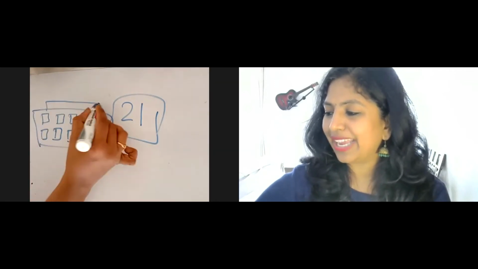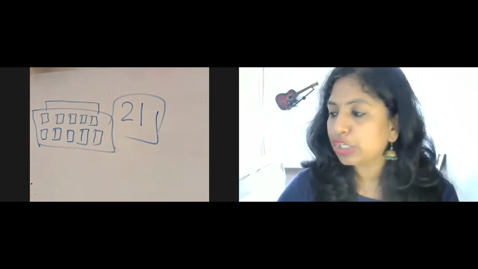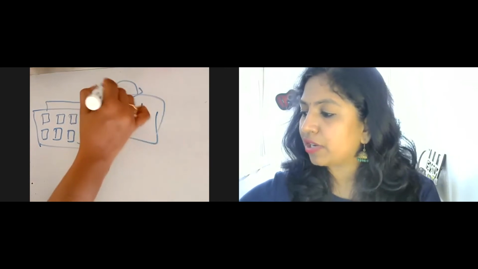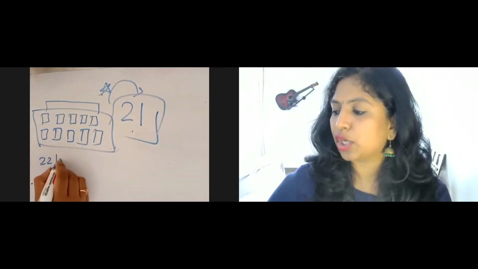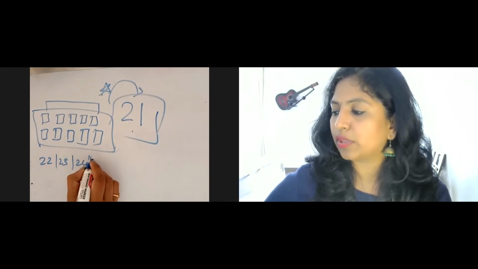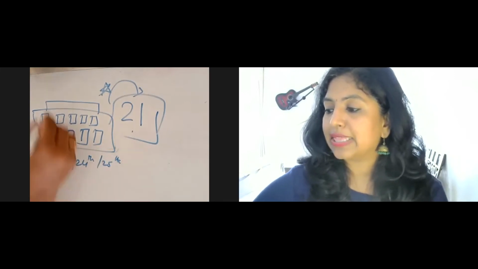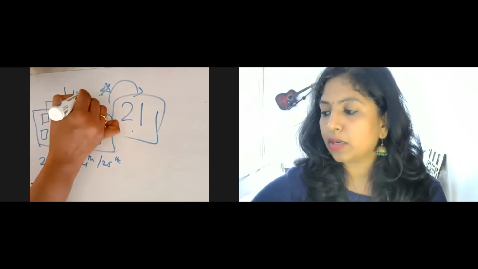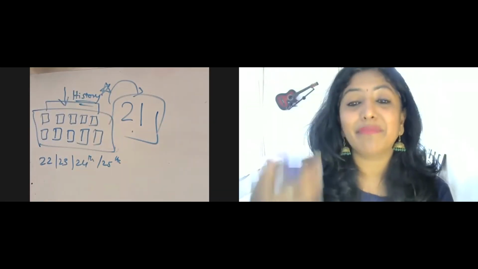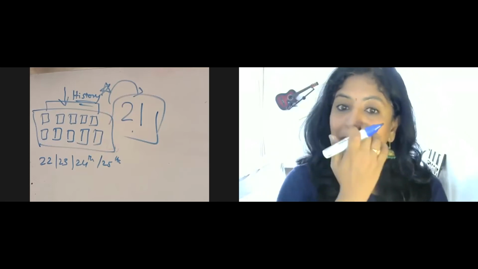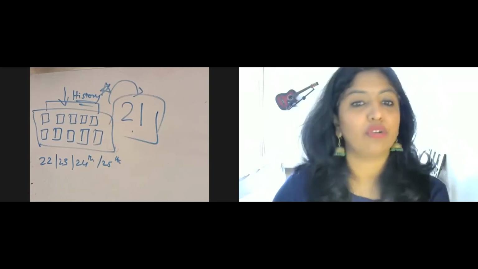What a wonderful event board I made to make this day really special. I see this on 22nd, I see this on 23rd, 24th, 25th. And this day marked what? It marked a history in our class. And it made our class a special day for all of us to actually count on.